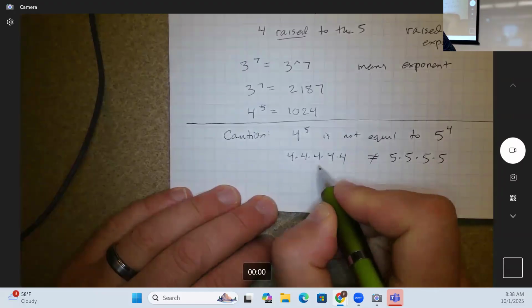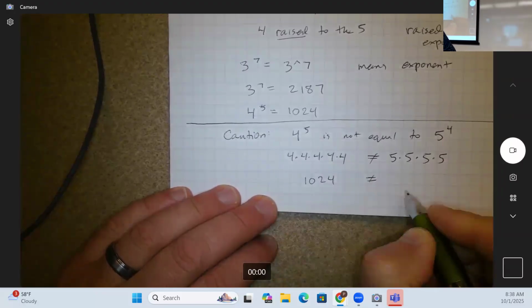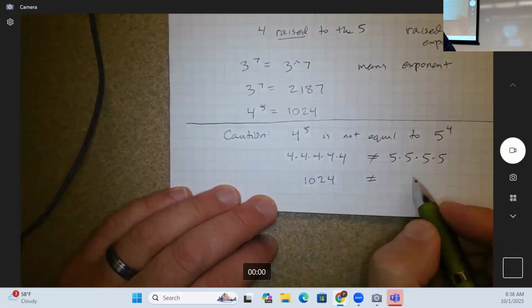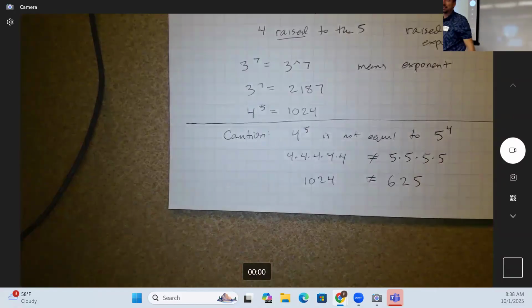We already found out that 4 to the 5th is 1,024, and I can tell you that 5 raised to the 4th is 625. Those numbers are vastly different. So the order that you write the base and the exponent matters when you're doing exponential notation.